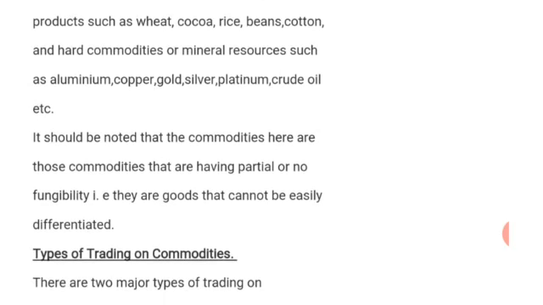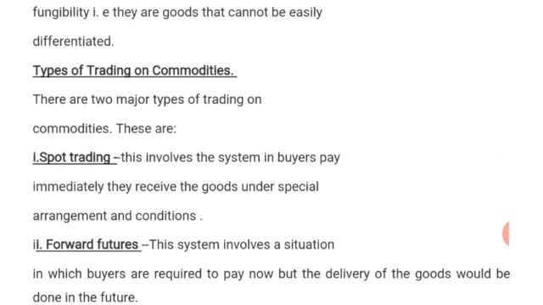It should be noted that the commodities here are those having partial or no fungibility. That is, they cannot be easily differentiated. That's why we refer to it as a specialized market.